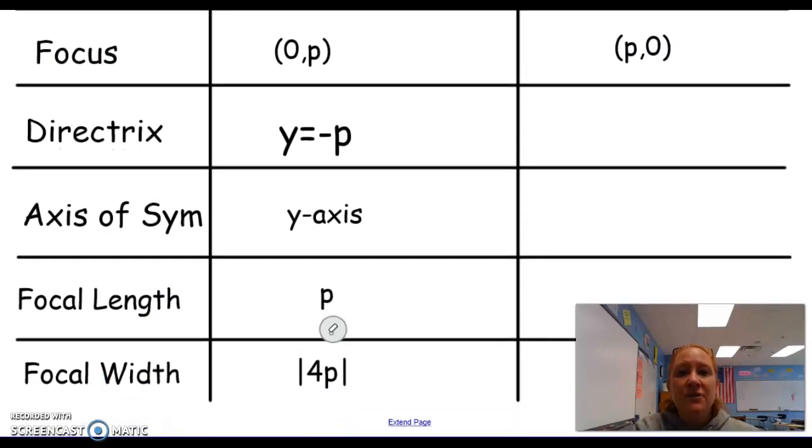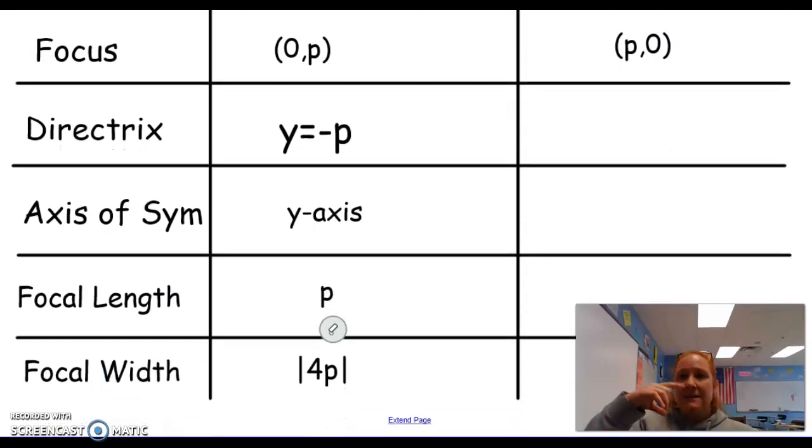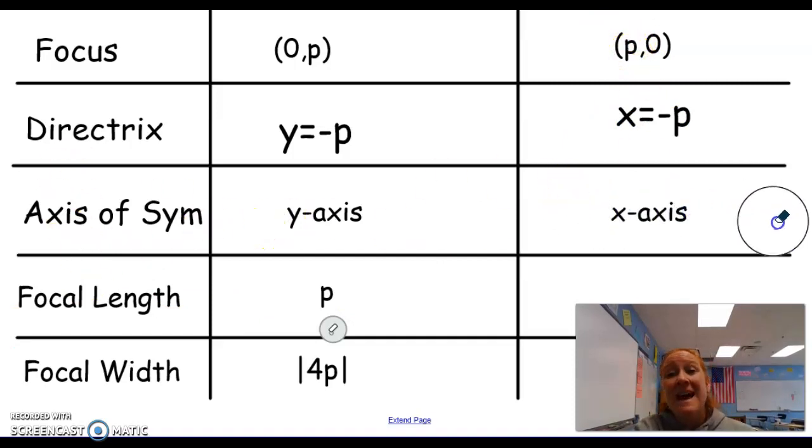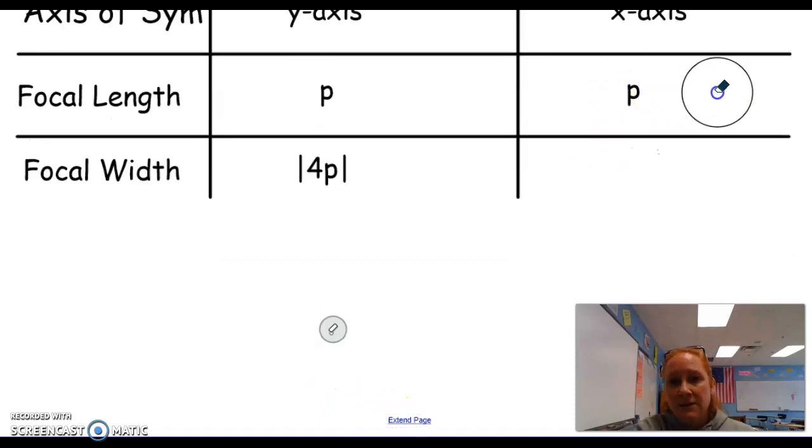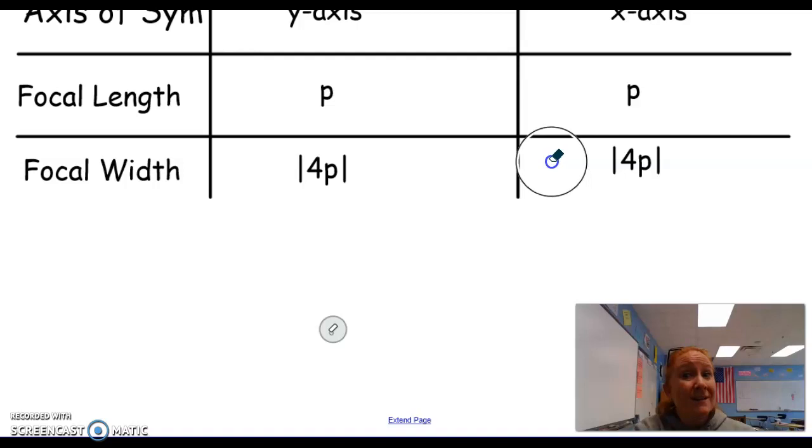So therefore the directrix, since it's opening side to side, is now going to be an up and down line. So that's going to be x equals the opposite of whatever your p was. Axis of symmetry is going to be the x-axis. Focal length, still p. Focal width, still the 4p value. So in the next video, we'll go through and figure out how we put those all together.